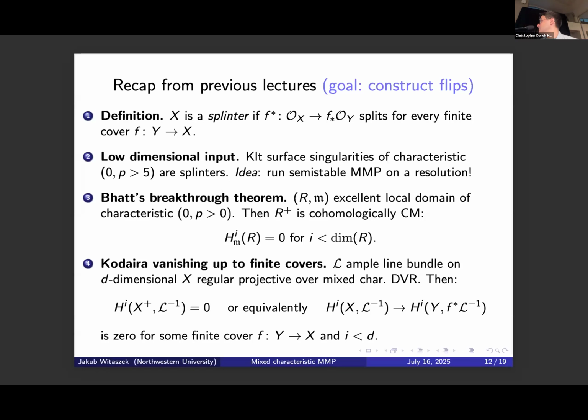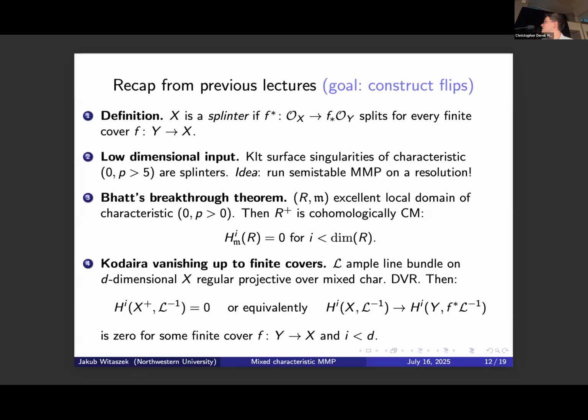Then we take the pullback of L inverse on X^+. So I'm looking at X^+, the limit of all finite extensions, the cone of which should be thought of as R^+. It's a bit more complicated, but let's assume that. The previous statement about local cohomology tells us that this cohomology vanishes. This looks very complicated because X^+ is non-Noetherian, but it can be reformulated in a much simpler way.